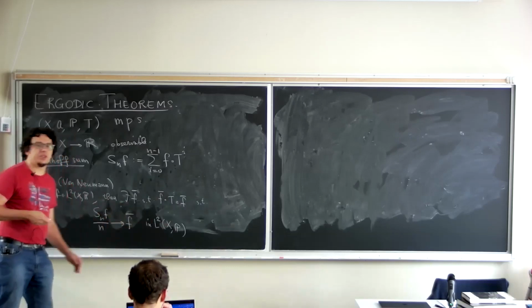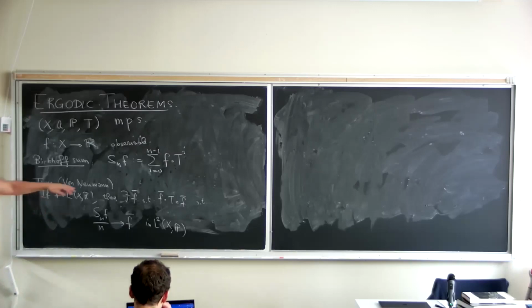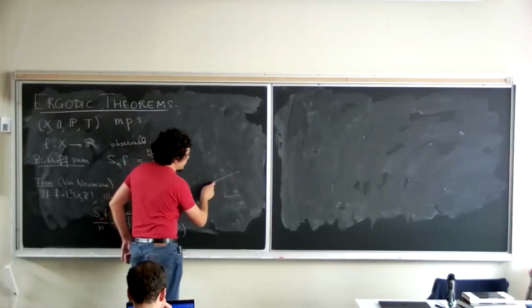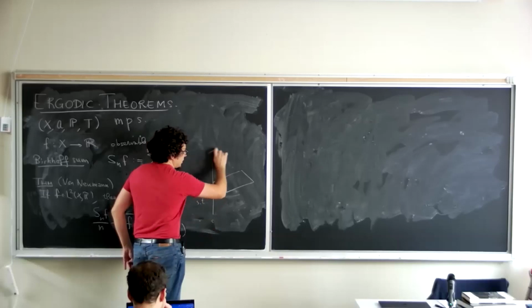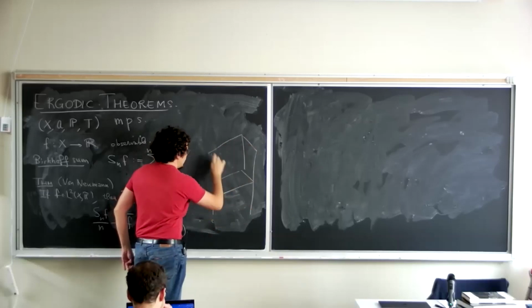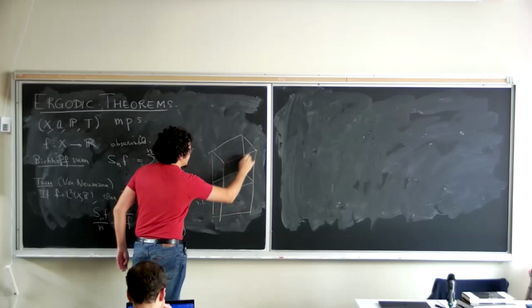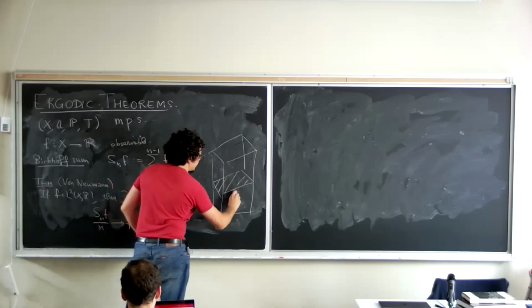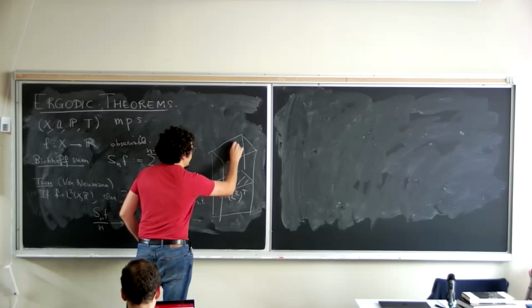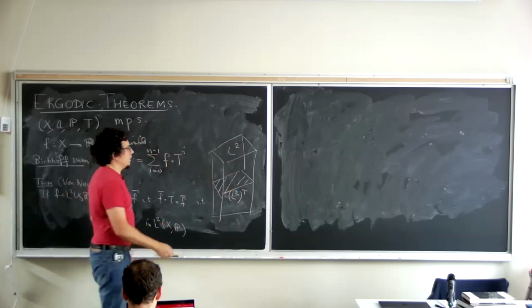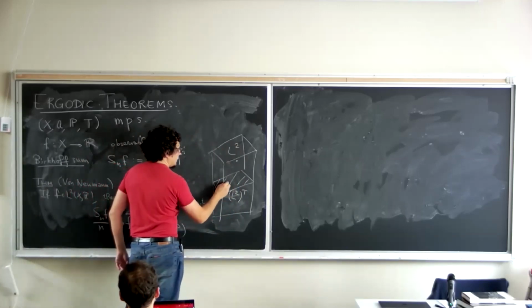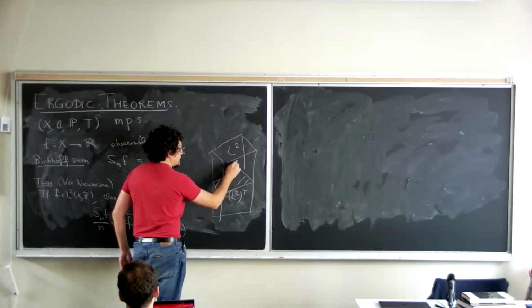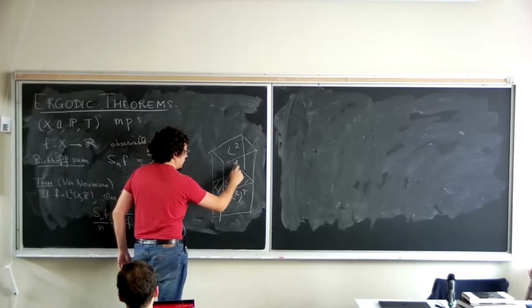So L2 of X, mu is a Hilbert space, and the space of invariant functions is a subspace, as I said. So this is L2 of T, and the whole thing is L2. The flavor is that you take a vector in the space and you project down.